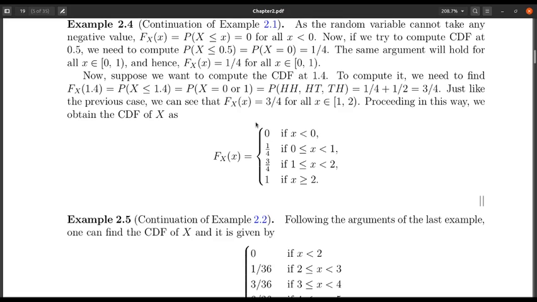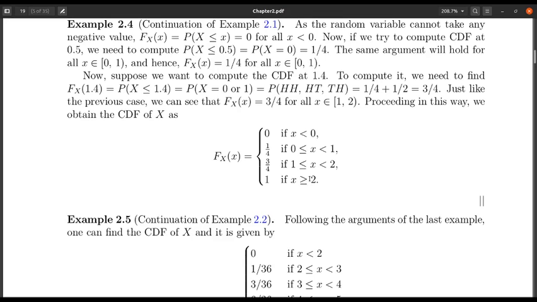If I talk about this random variable, you see that this distribution function is a step function. That means for x less than 0 it is 0, between 0 and 1 it is constant at 1 by 4, then from 1 to 2 it is constant at 3 by 4, and for more than 2 it is 1.